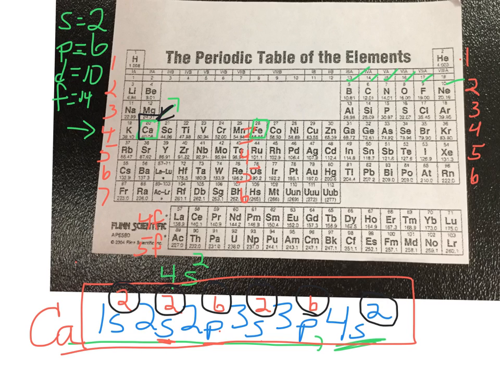What's my atomic number for calcium? 20. That's how you know you're correct. You see how that works out? If it doesn't work out, that means something went wrong in your formula. So your whole objective today is to figure out the entire electron configuration for that particular element.